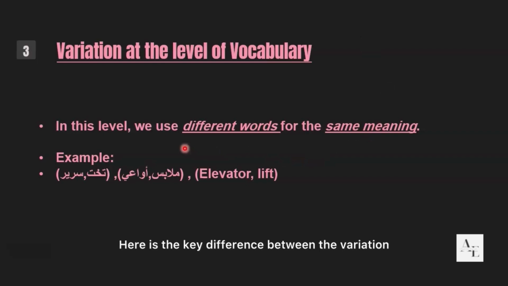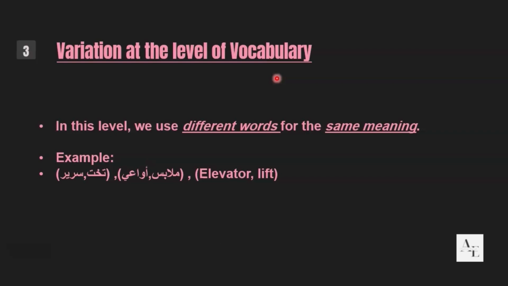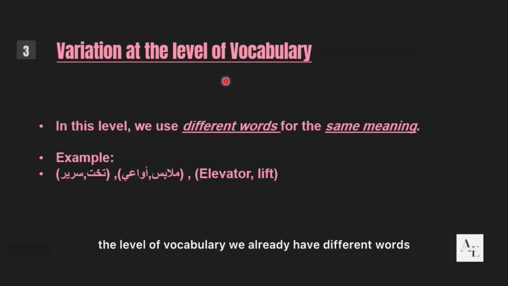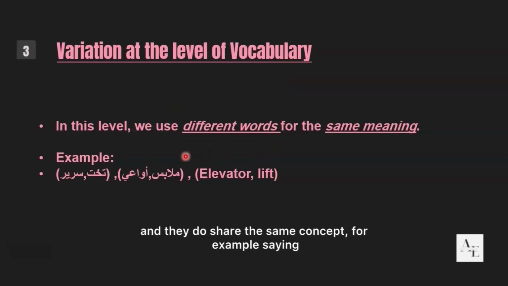Here is the key difference between the variation at the level of vocabulary and the variation at the level of pronunciation. At the level of pronunciation, we use the same word, but we just pronounce it differently, while at the level of vocabulary, we already have different words, but they have the same meaning and they share the same concept.